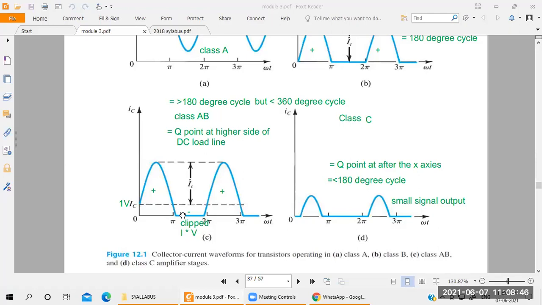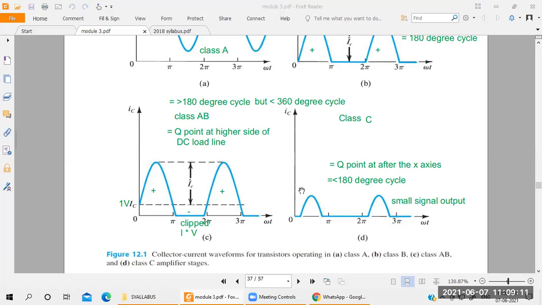So next you take class C. This is the last. So what does class C mean here? It's a small signal operation. We can do small signal operation here because the output current is less than the 180-degree cycle. The output current is always less than the 180-degree cycle.